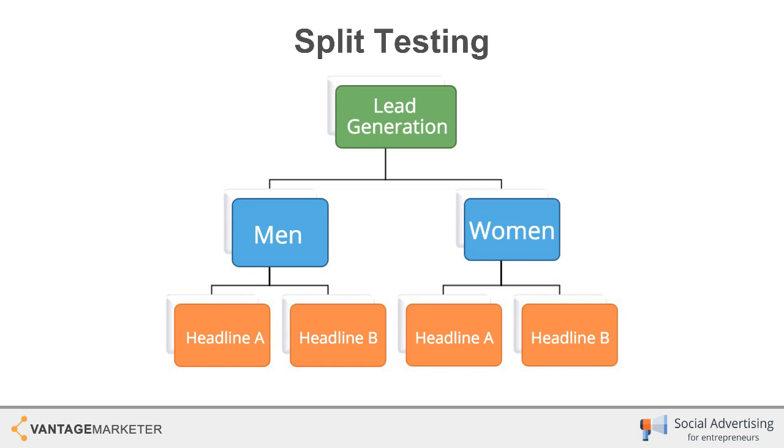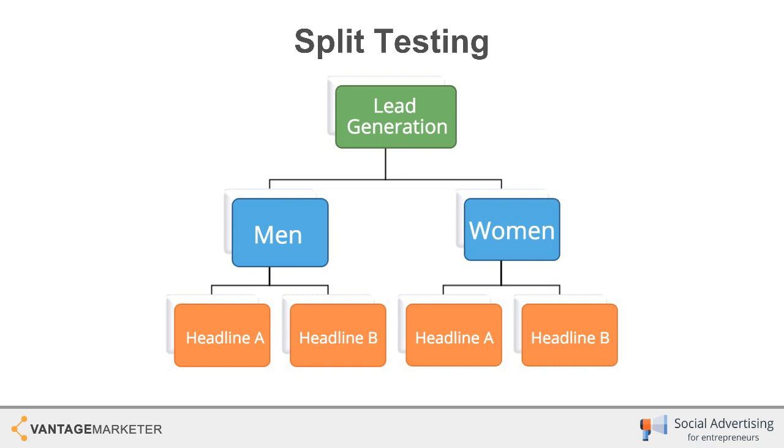We want to pay as small an amount as possible for the cost per click. We don't want to pay a lot for people to click on the ad. We want to pay a low CPC, and to get a low CPC, you want a high click-through rate. High click-through rate equals low cost per click.